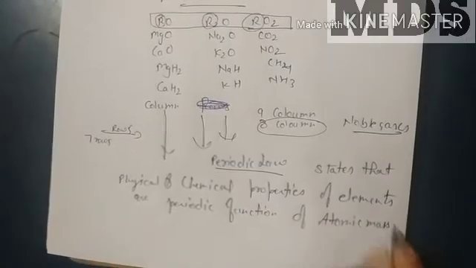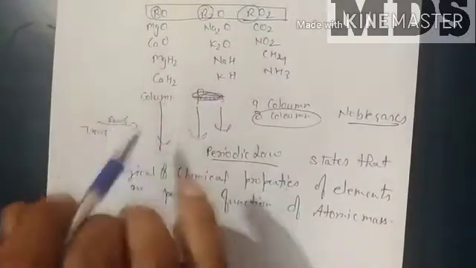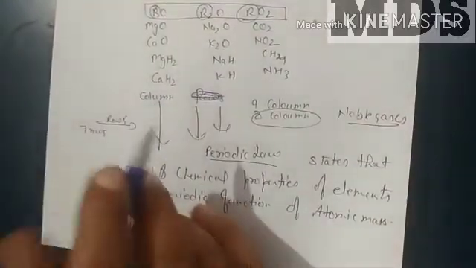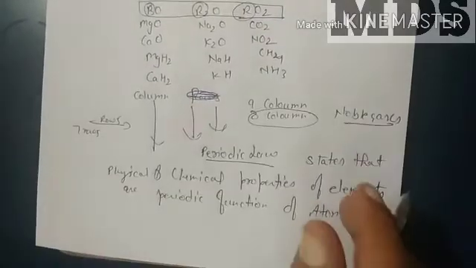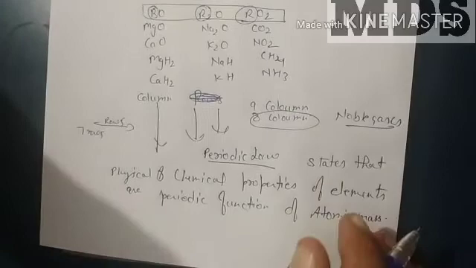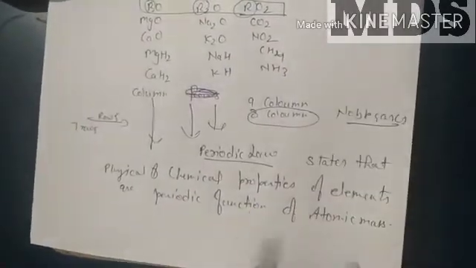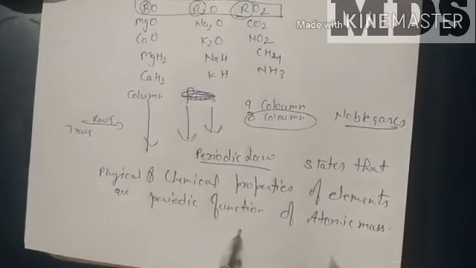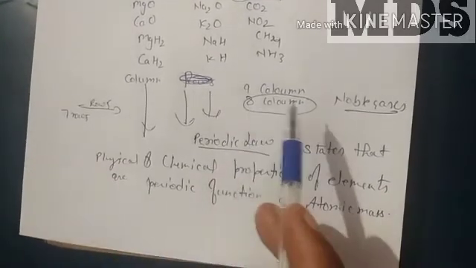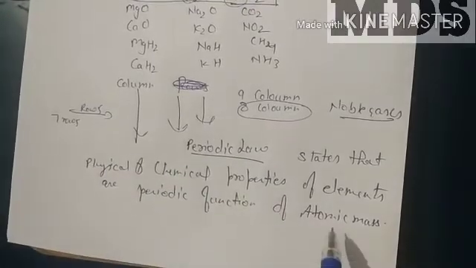Meaning to say, when he arranged according to hydrides and oxides, the elements which form the same kind of oxides and hydrides, he put in the same column. So he found that they automatically get arranged according to increasing atomic mass. So that's why he found that elements repeat their properties periodically, but on the basis of atomic mass.